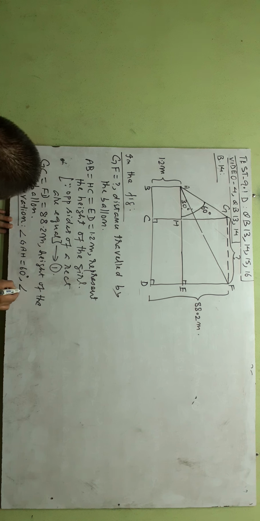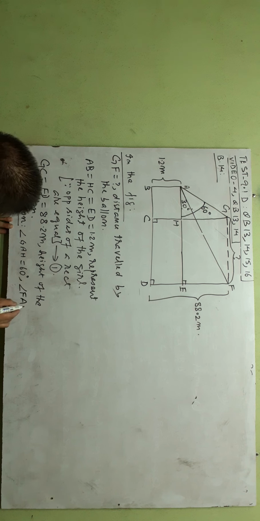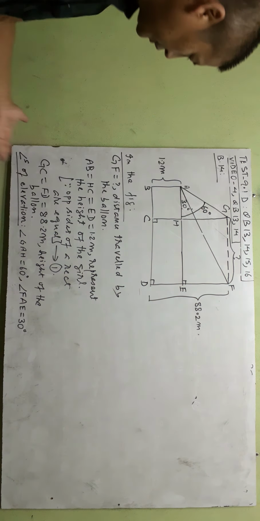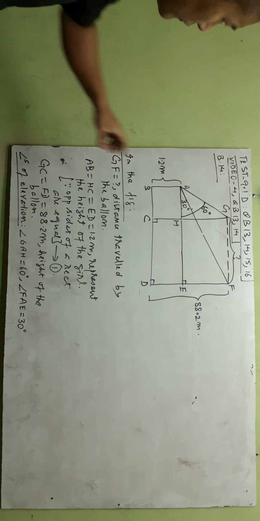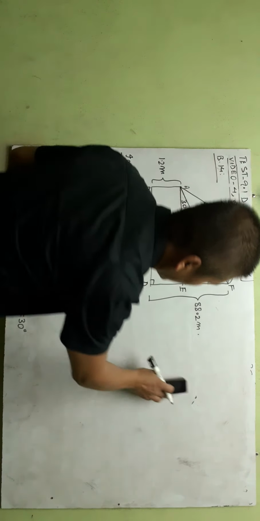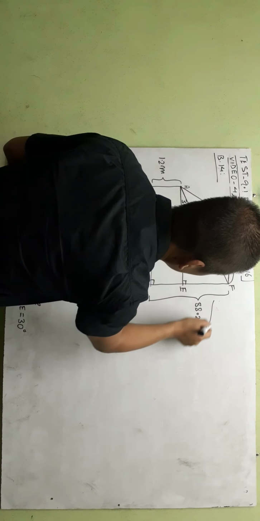After some time, it moved to F, and the elevation has changed to FAE equal to 30 degrees. So that is the information given to us. With this information, we're going to have to find GF. Okay, so directly let us move to this, and I'll explain along the way why this is so.